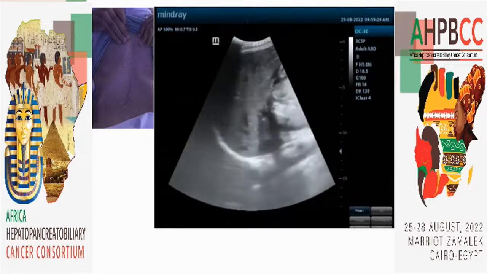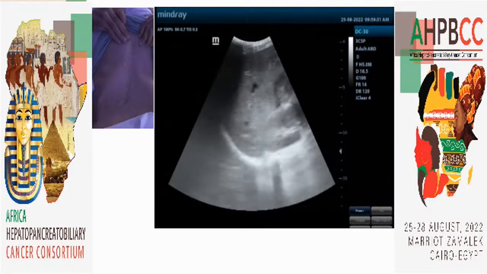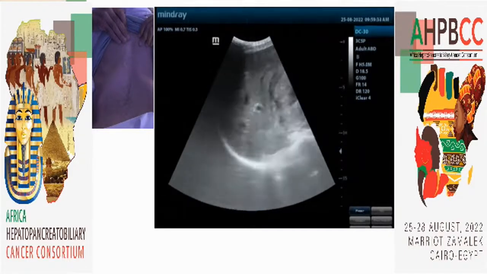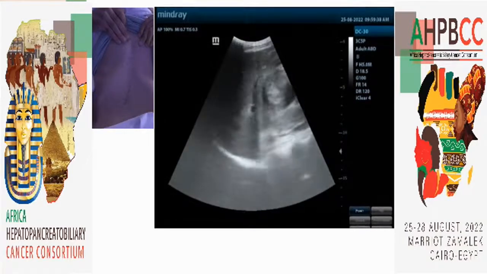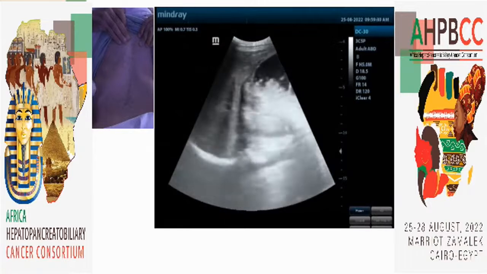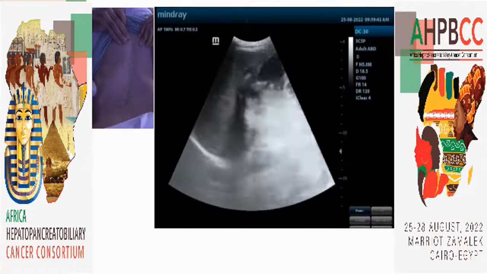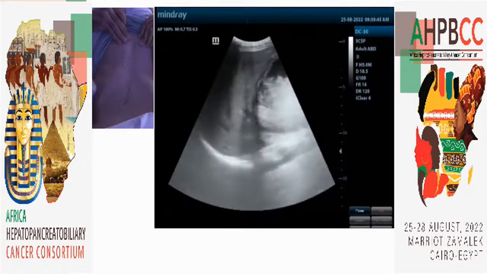At this view too, you get the opportunity to compare the portal venous wall and the hepatic venous walls to exclude other conditions like fatty liver.